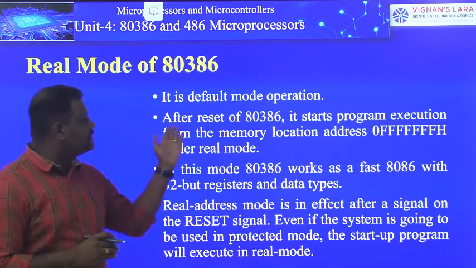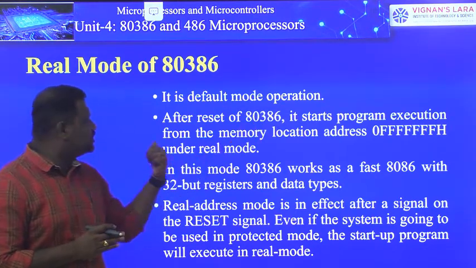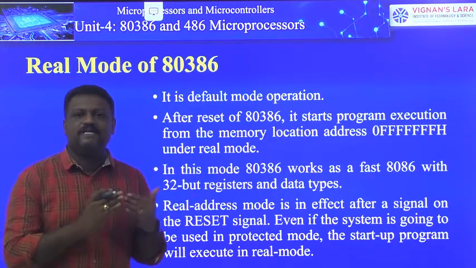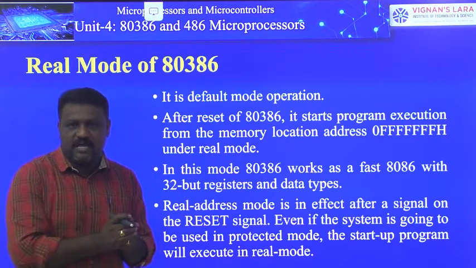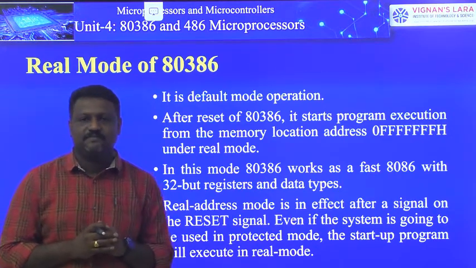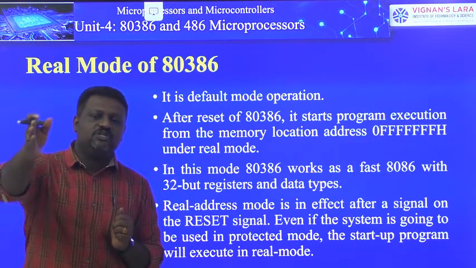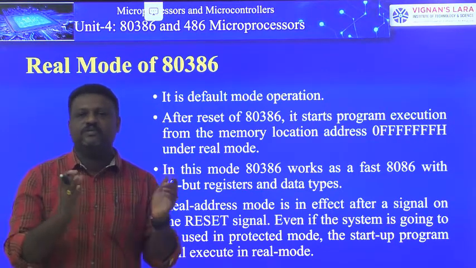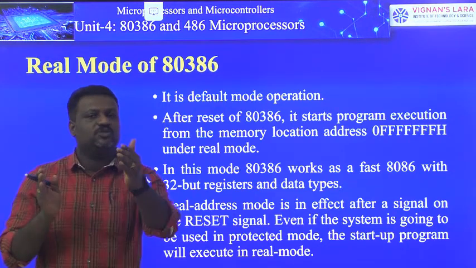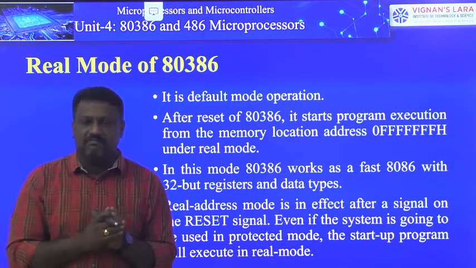And coming to after reset of 80386, it starts program execution from the memory location address 0 followed by 7FH. That means once you reset your 80386 processor, it stops the current executing program and shifts execution to the initialization program of your 80386. The initialization program of 80386 occupies the last 16 locations of its addressable memory.